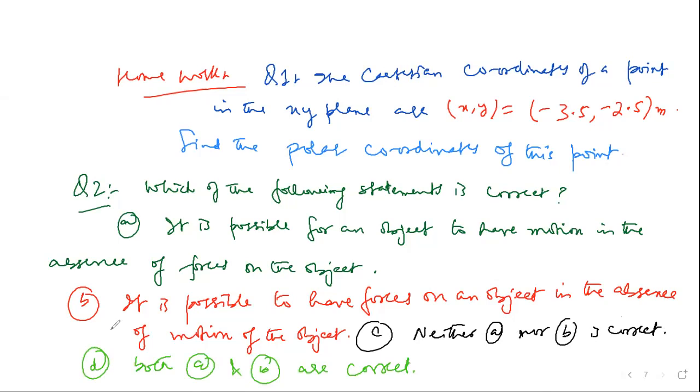I repeat the question. Which of the following statements is correct? A is, it is possible for an object to have motion in the absence of forces on the object. B is, it is possible to have forces on an object in the absence of motion of the object. C is neither A nor B is correct.